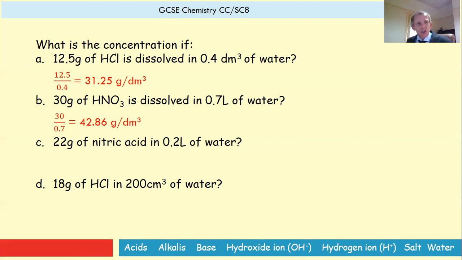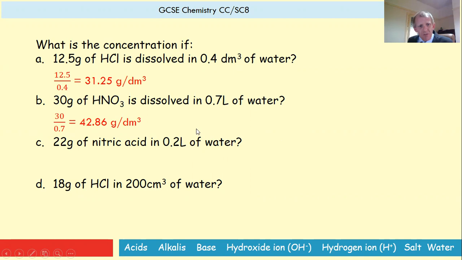So the next question is 22 grams of nitric acid is placed into 0.2 litres of water. Now, again, exactly the same as before, guys. The 0.2 litres of water is equivalent to 0.2 decimeters cubed.